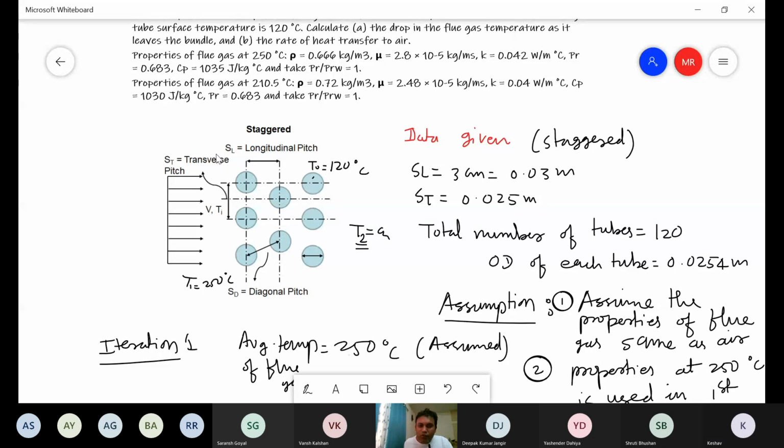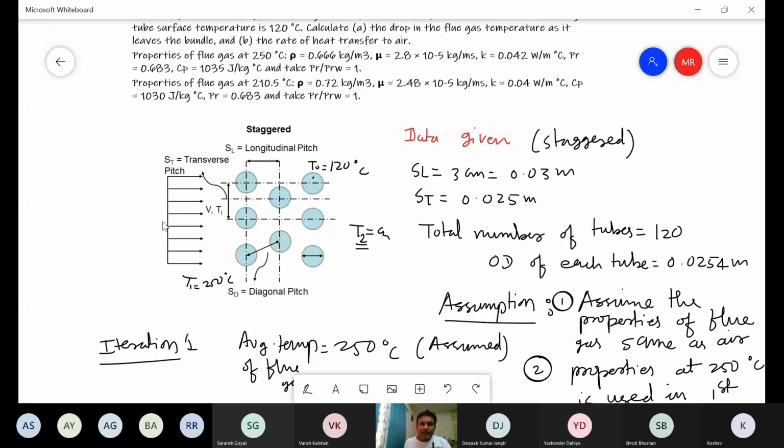There are 10 transverse rows, and what is the transverse pitch there? That is given as 0.025 meter, isn't it? So even though there are 10 rows, if I look at the transverse pitch, it accounts for the 2 rows in between, isn't it? So half of the transverse pitch multiplied by the total number of rows in the transverse direction into the length in the Z direction is going to give me the cross sectional area. Is it right?